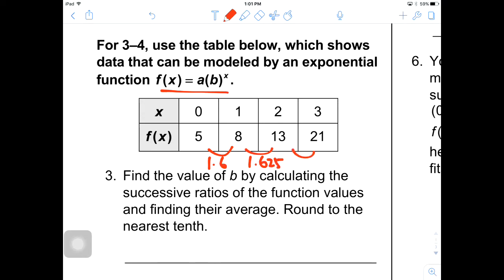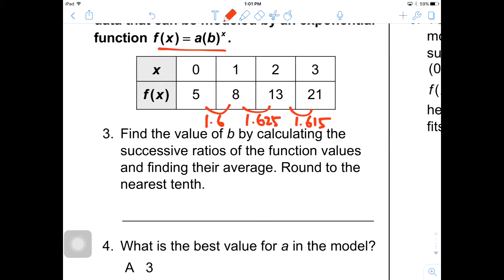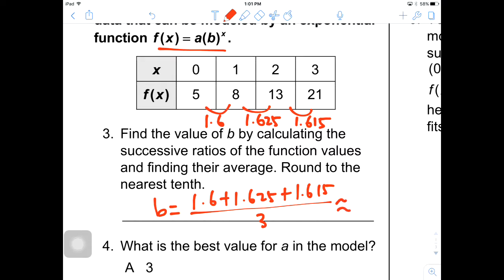And the third one, 21 divided by 13, is about 1.615. So find the value of b by calculating the successive ratios of the function values and finding their average. So b is 1.6 plus 1.625 plus 1.615 divided by 3, and you should have a base of approximately 1.6.